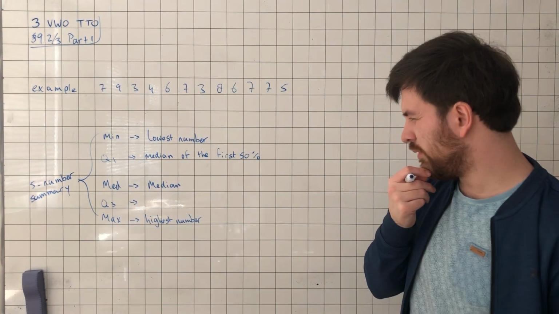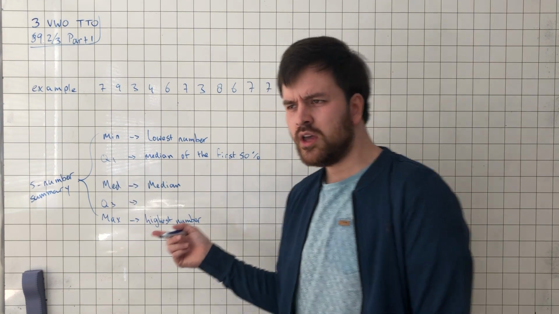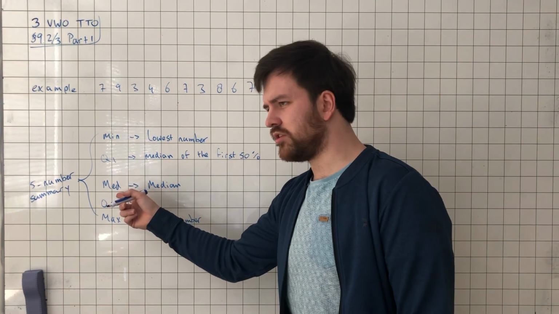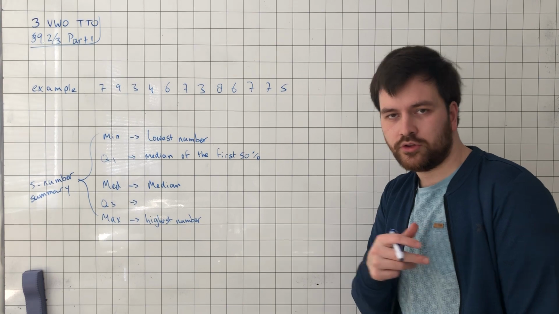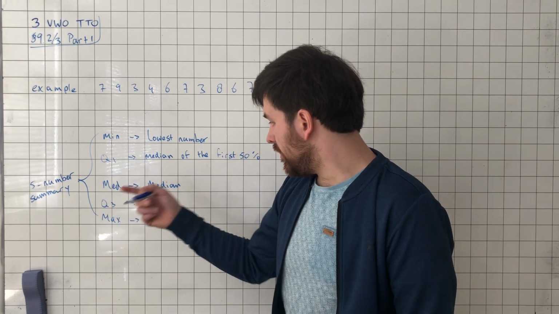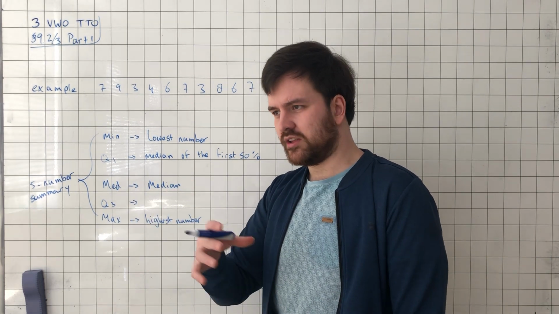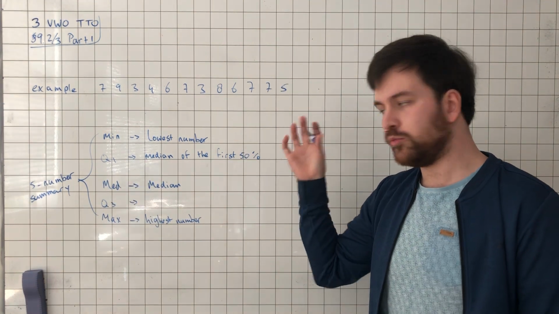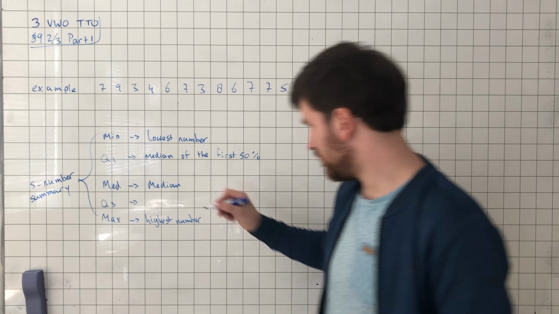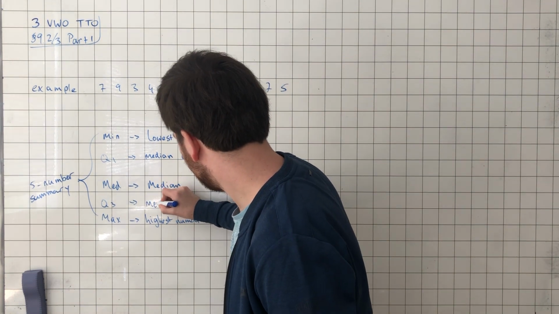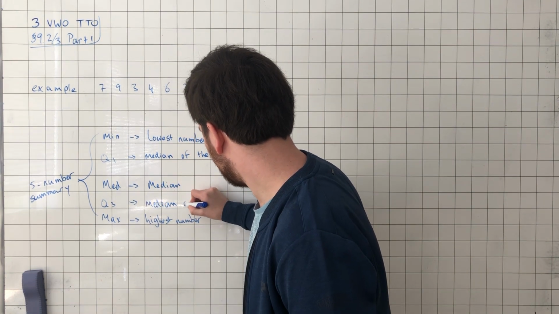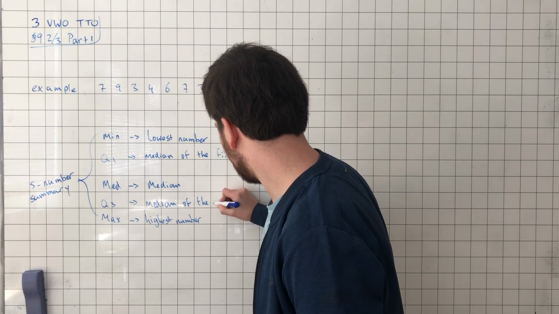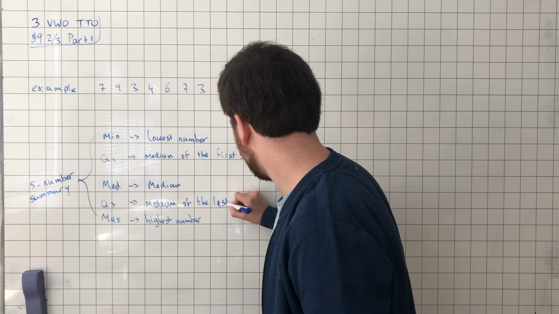Q3 might seem weird since we skipped Q2. Basically, the median is sometimes also referred to as Q2. The third quarter is everything in the last 50%, and we look at the median of that, so the median of the last 50%.